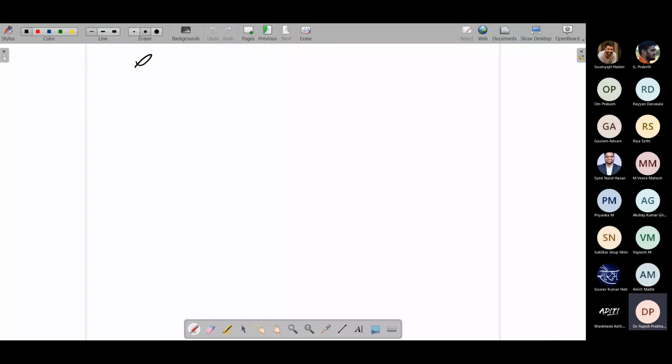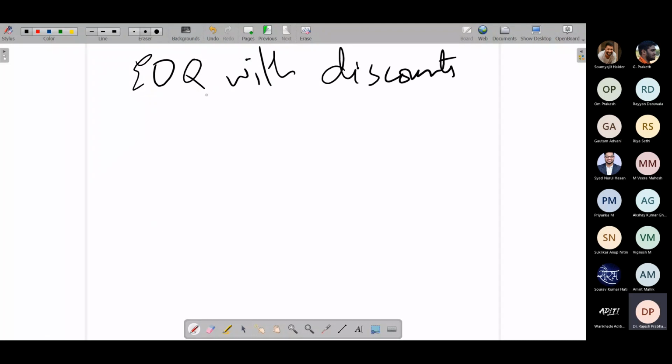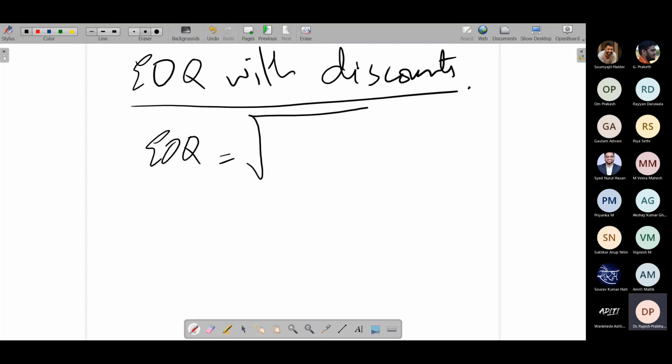Now let us look at EOQ with discounts. This is a little bit complicated. The formula is EOQ equals root of 2 into CO into D divided by I into Pn.